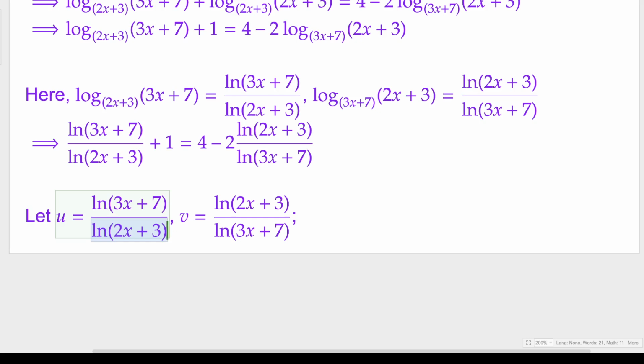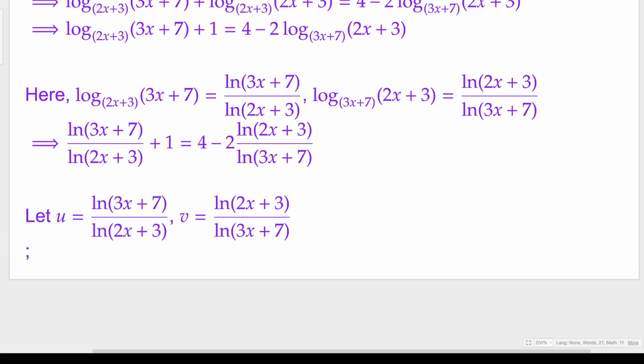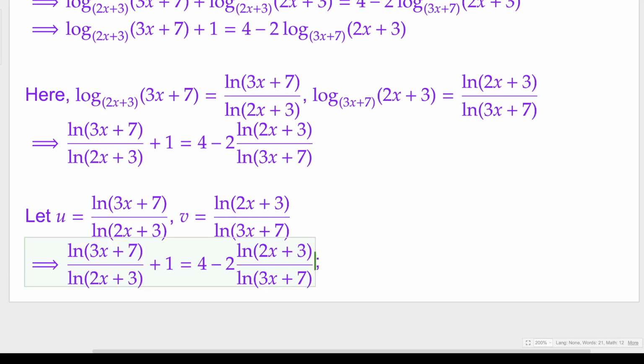Our assumption is that when we check the denominator, natural log of 2x plus 3 and natural log of 3x plus 7 cannot be 0, because if the denominator becomes 0 the quantity becomes undefined, and mathematically the system has to be defined. So this is our equation, and I will be rewriting it again. Instead of this one, I can write u by v.